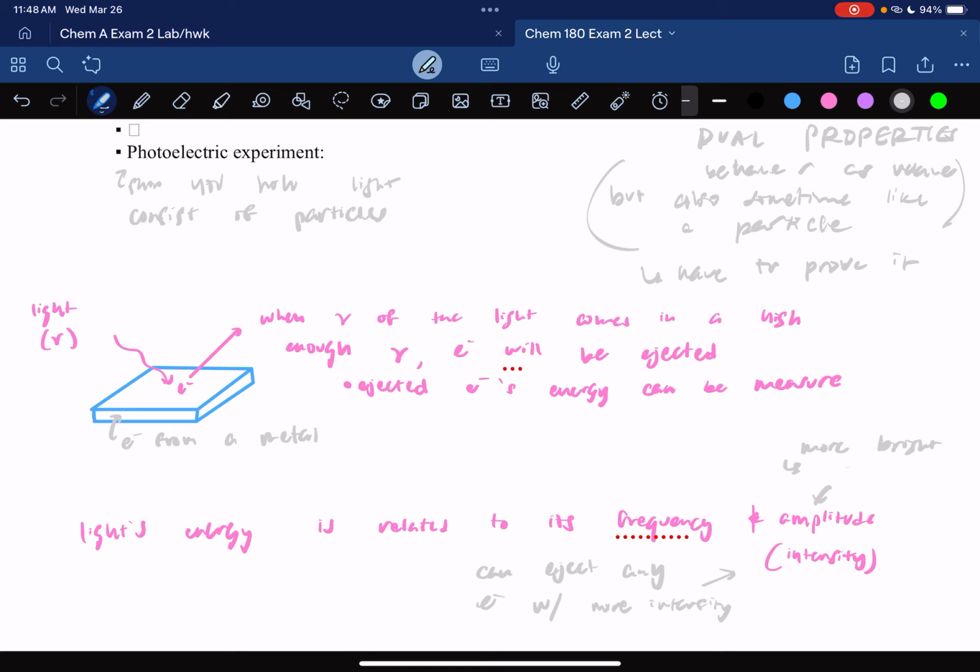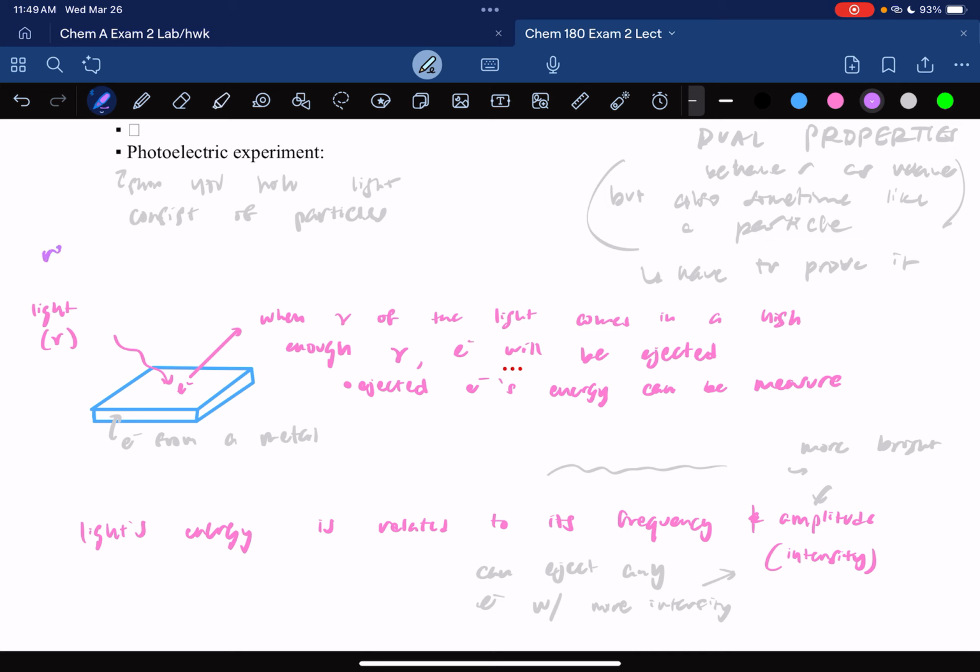But you cannot eject the electron if you don't have light with a frequency higher than a certain minimum value, even though you increase the amplitude, the intensity. For example, I shine red light on it and I don't see anything, no electron coming out.